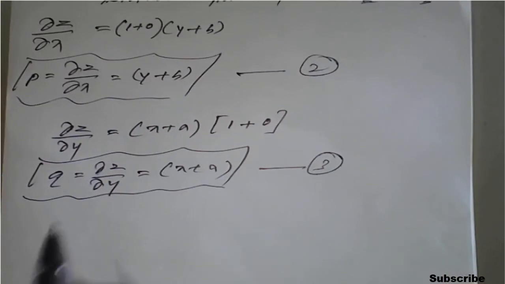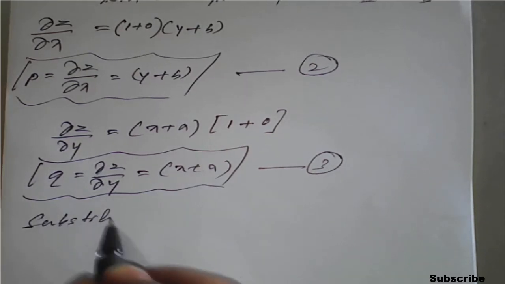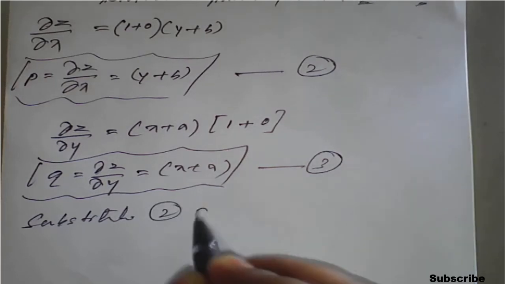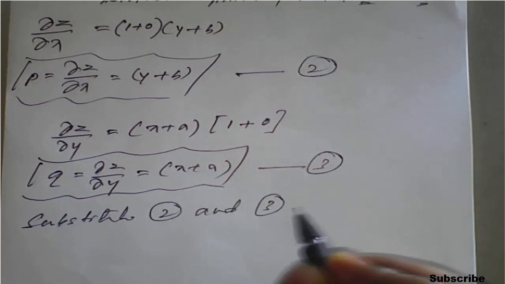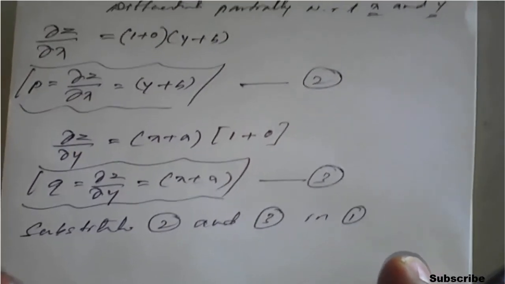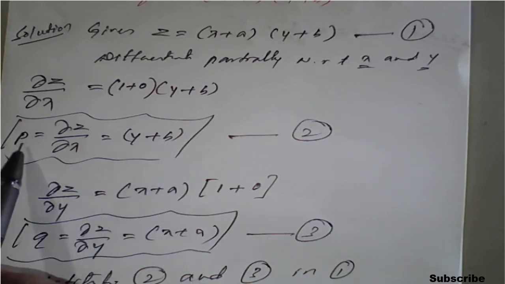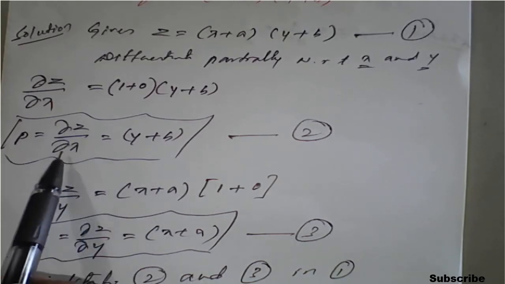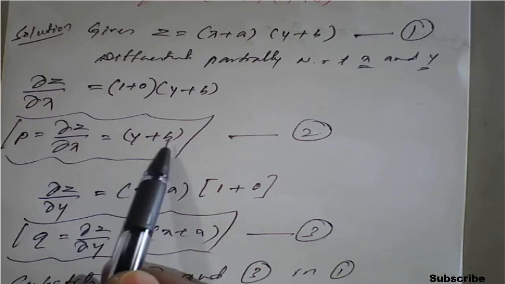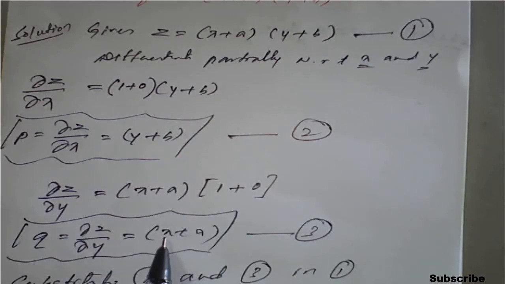So I will say substitute 2 and 3 in 1. So what are 2 and 3? Remember, y plus b is nothing but p, or else you can consider dou z by dou x also. So in equation 1, y plus b will be replaced by p, and from equation 3, x plus a will be replaced by q.